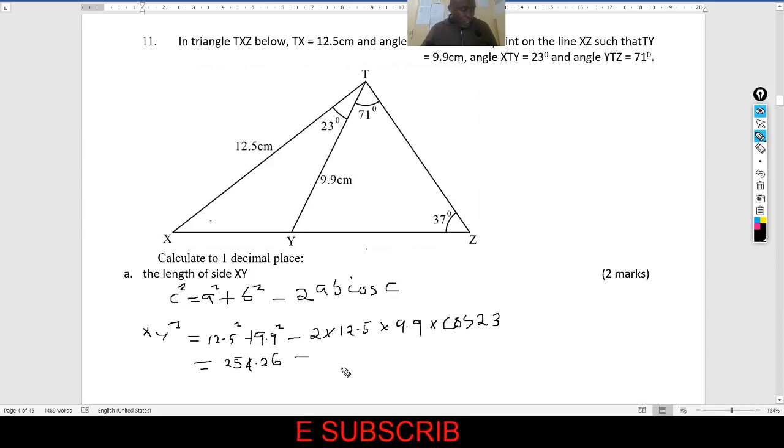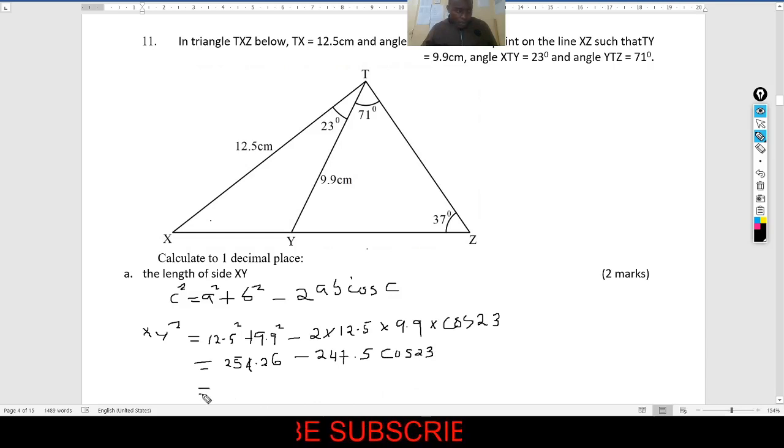Minus 2 times 12.5 times 9.5 gives you 247.5 times cos of 23.